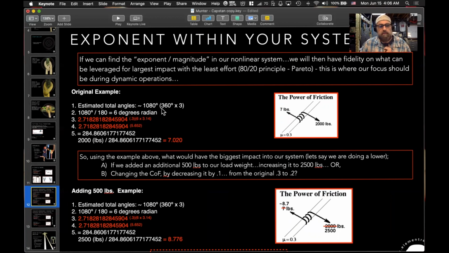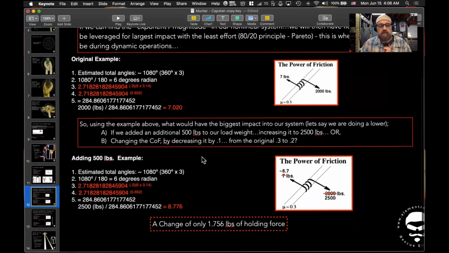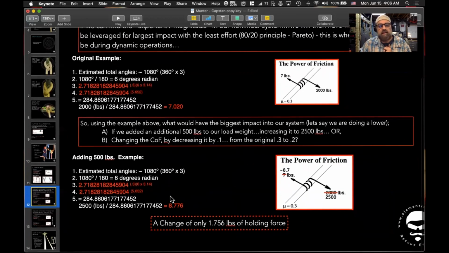The original example we have right here was the 7 pounds to lower 2,000. Now on example number 2, we're going to add 500 pounds to our load. We're going to keep everything the same, except at the end, we're going to divide by 2,500 pounds instead of 2,000 pounds, to see what adding 500 pounds more to the load weight does while keeping everything else the same. We plug these numbers in, and we see that it really didn't make much of a difference.